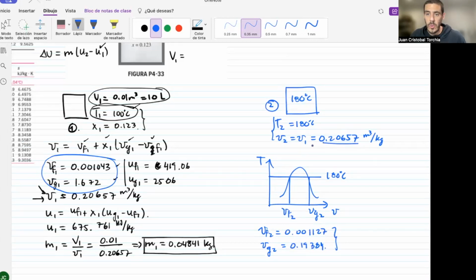Maybe this value will be here, compressed liquid, maybe it will be a mixture in the middle, or maybe it will be at your right, which is superheated steam. In this case, it's barely superheated. So this one is my saturated steam, and this one is a little bit higher than that. Therefore, it's superheated, not very, very superheated, but a little bit more than that. Okay, so you need to go to your superheated steam tables if you can.